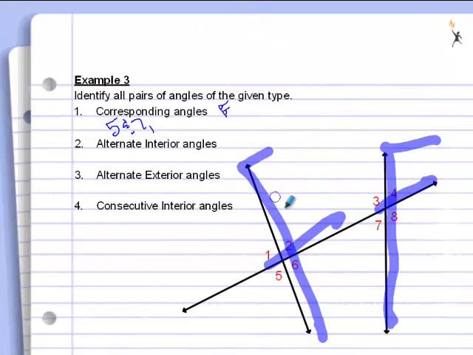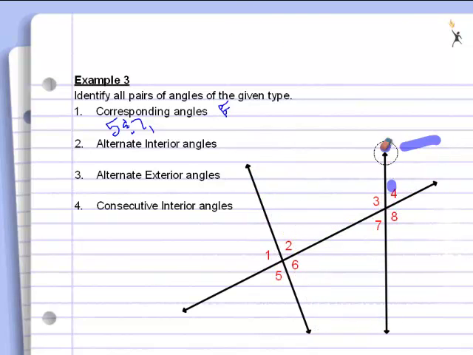We only have one line going that way. But I can draw another F going like this. There's my F. Now it's facing up.